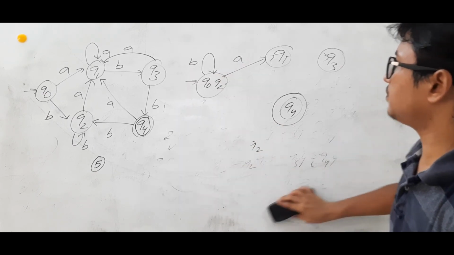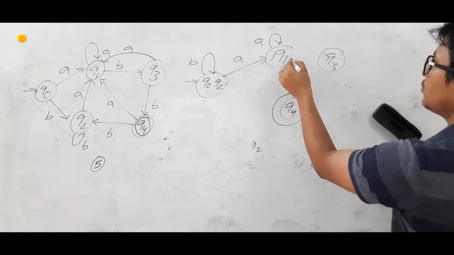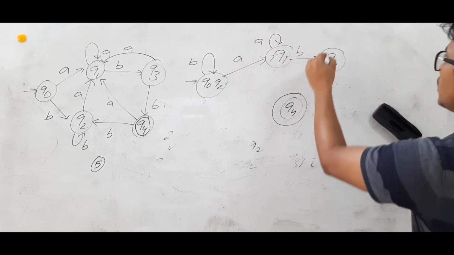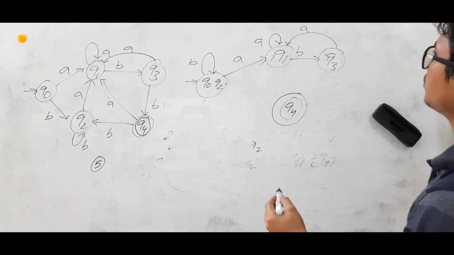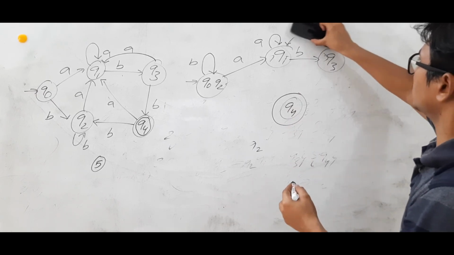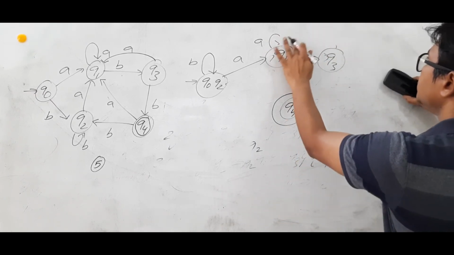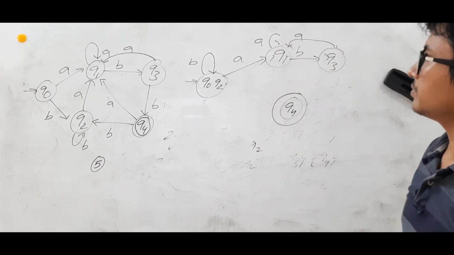Now previously Q1 on A is going to Q1 itself. Q1 on B is going to Q3. Q3 on A is going to Q1. Is it visible for you? If it is not visible, I will write it. So this is clear.